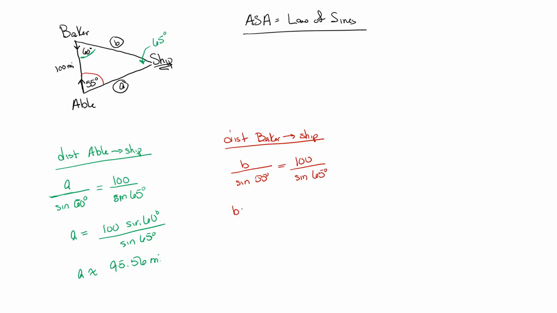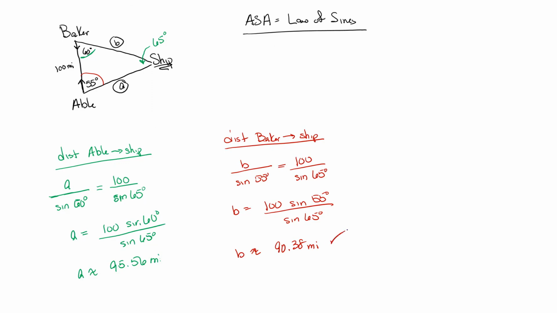So, do your algebra. Multiply both sides by the sine of 55 degrees. And again, I know I sound like a broken record, but make sure your calculator is in degree mode. I end up with 90.38 miles.